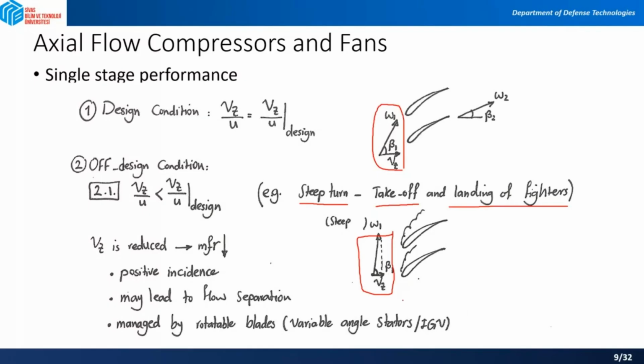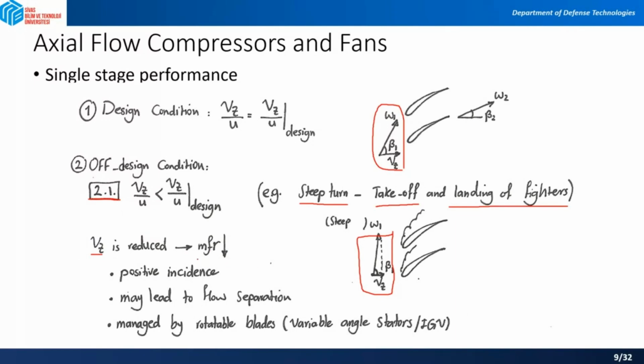When it is steep, it means that it has a higher angle of attack. And a higher angle of attack means that the flow can separate from the leading edge. And when it separates, you will have a stall, right? So in this condition, your Vz is reduced, so your mass flow rate is reduced.